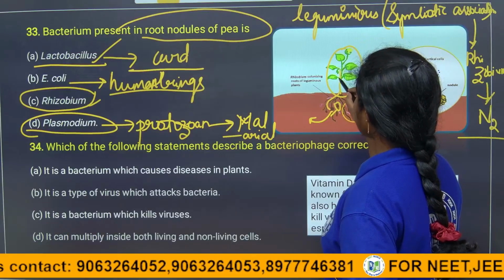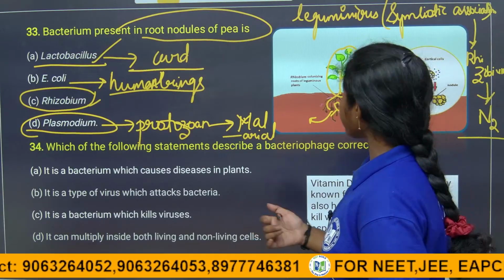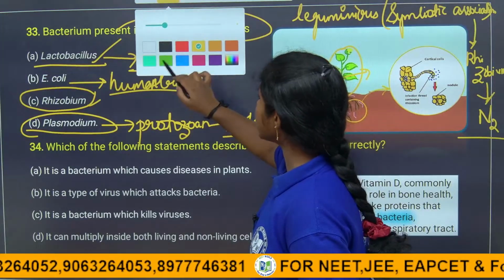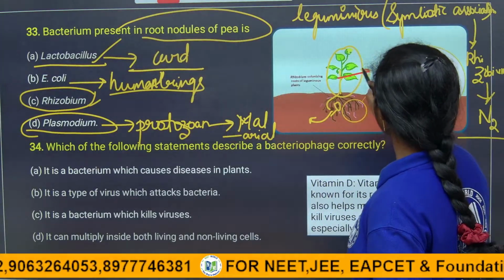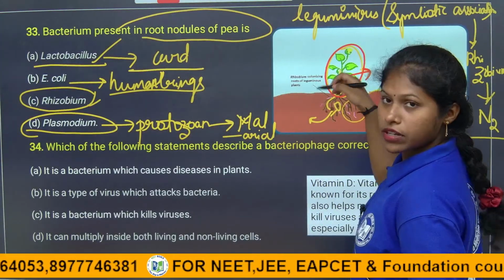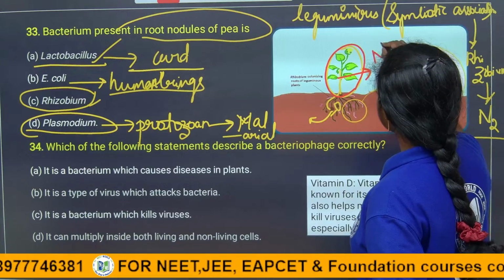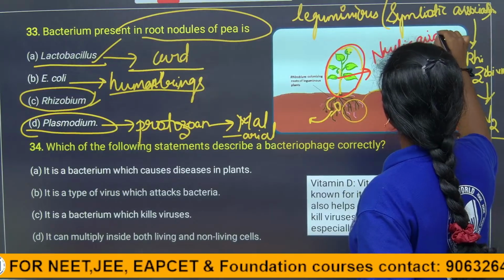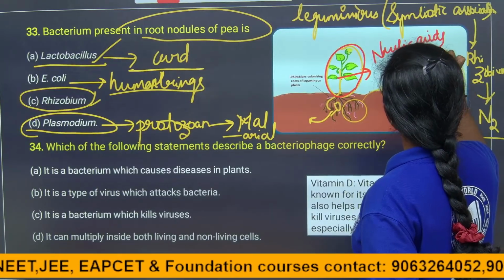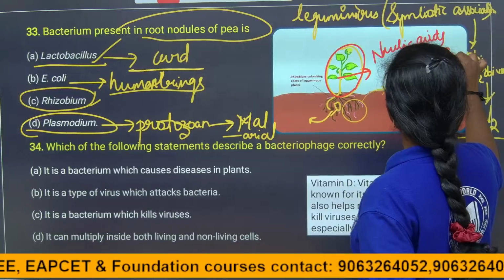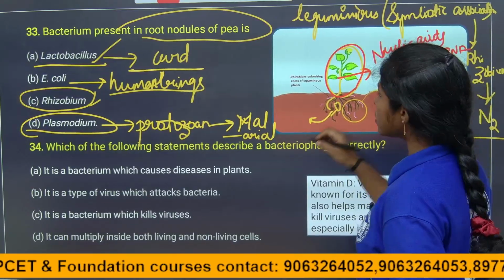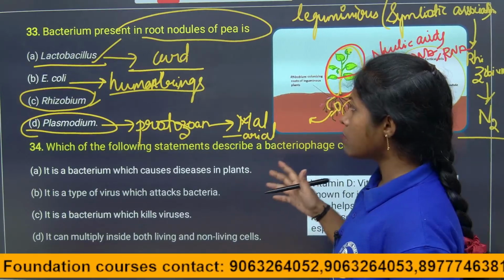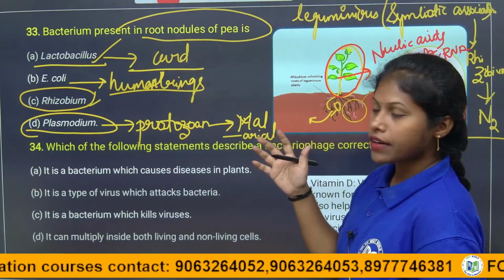This is helpful in the preparation of what, children? Nucleic acids like DNA, RNA, amino acids, and protein synthesis. So the answer to the 33rd question, the bacteria present in the root nodules, is Rhizobium.